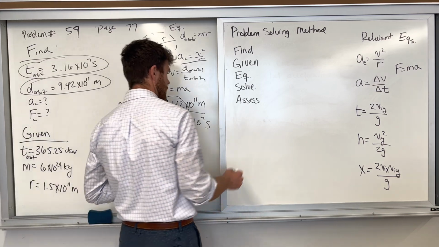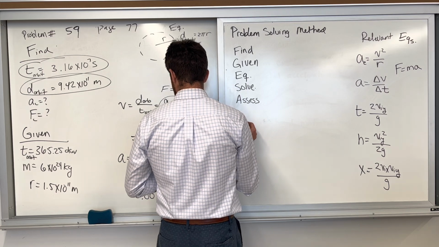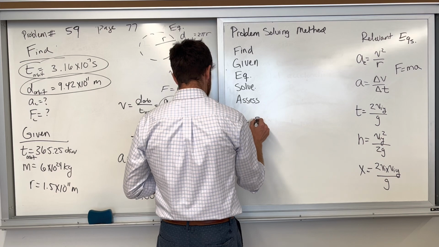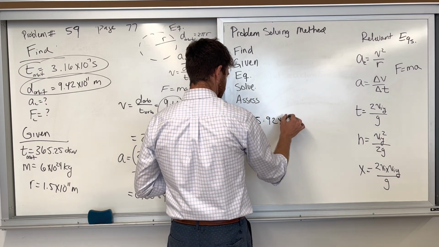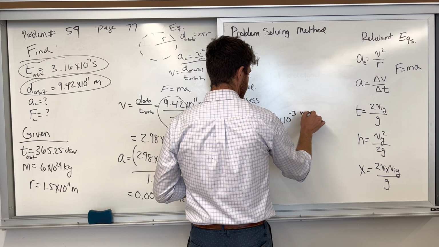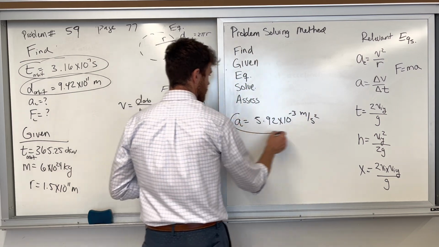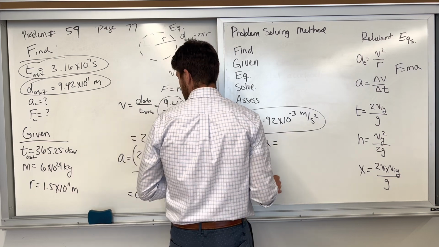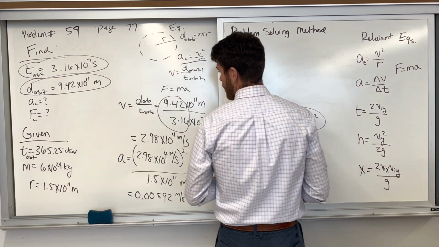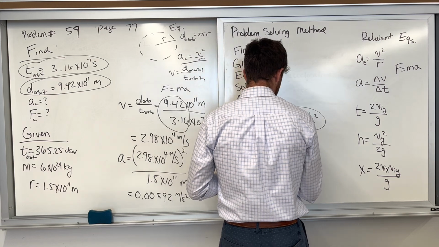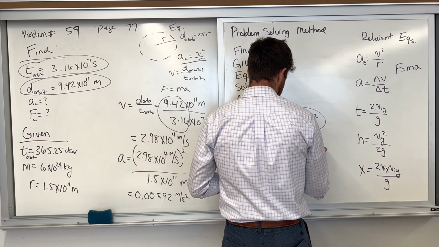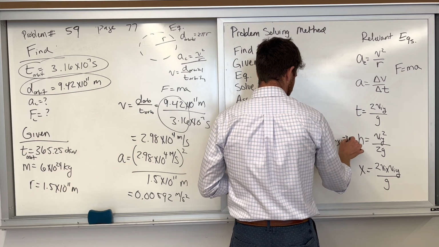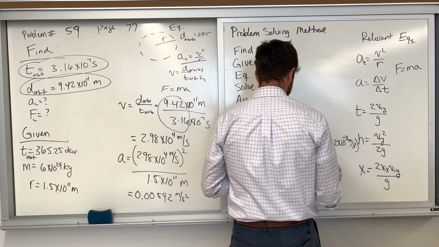So I come over here. I can rewrite that as acceleration is 5.92 times 10 to the negative 3 meters per second squared. And the force is the mass times acceleration, which is 6 times 10 to the 24 kilograms times 5.92 times 10 to the negative 3rd meters per second squared.